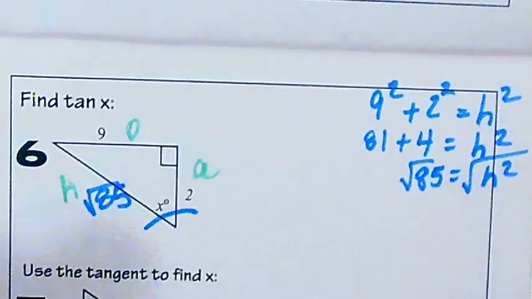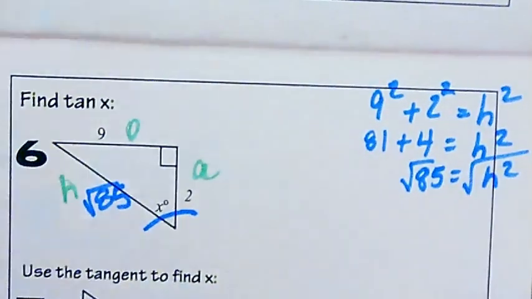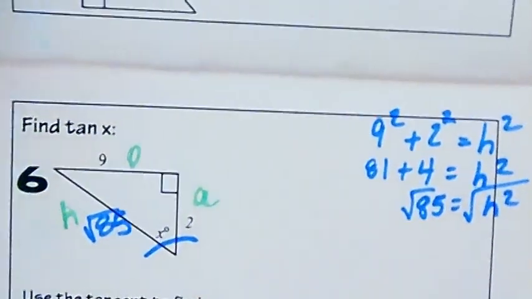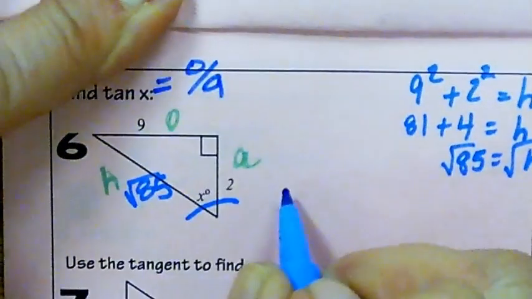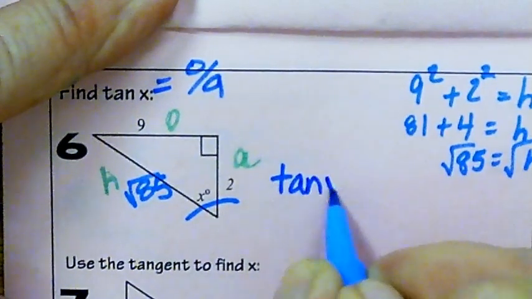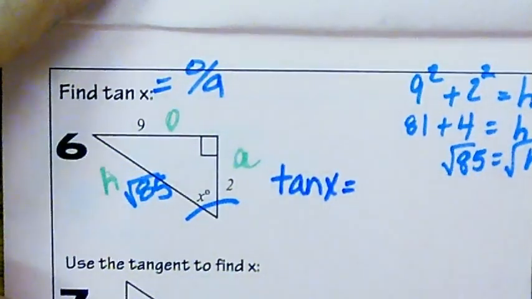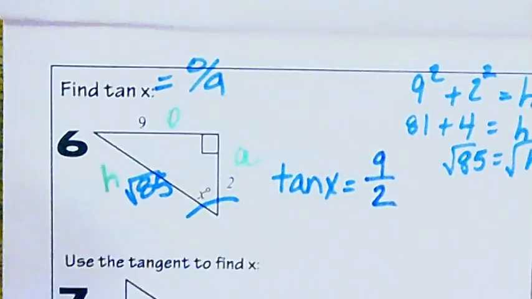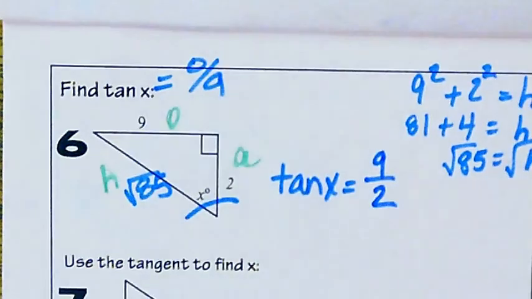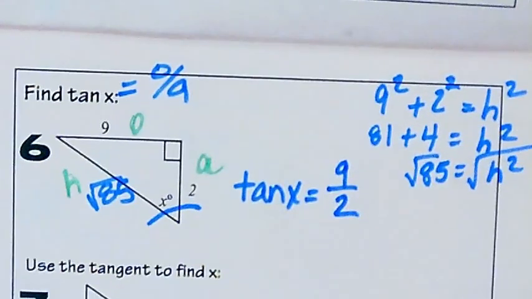So what was the definition of tangent? Opposite over adjacent. So the tangent of x equals 9 over 2. Oh, we really didn't need to find the hypotenuse, did we? Oh well, we found it anyway. Okay, any questions?